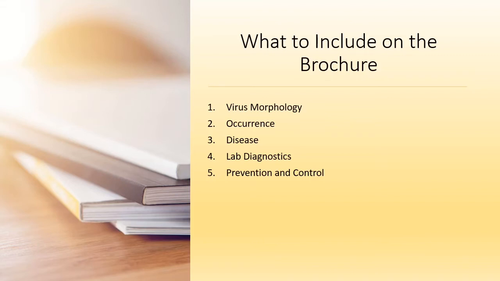For treatment and prevention, there is no major vaccine available, so general hygiene is extremely important. Examples would be washing hands, especially when handling food, and trying to decontaminate surfaces.